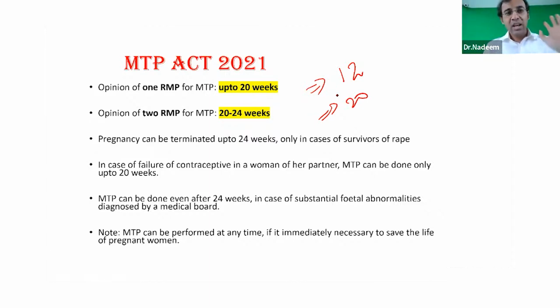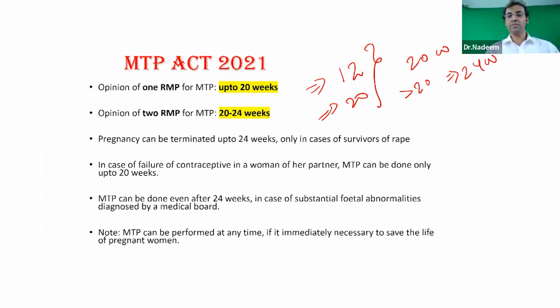Now, as per the new act, the opinion of one doctor is required up to 20 weeks. The opinion of two doctors is required for more than 20, up to a maximum of 24 weeks.